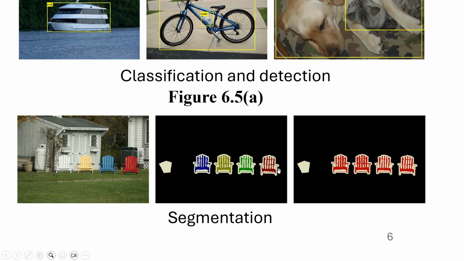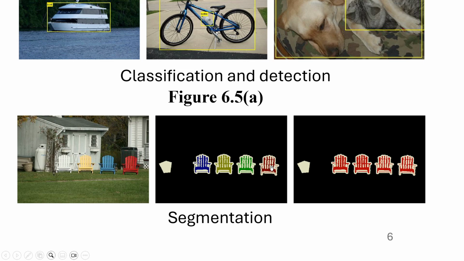And what's the difference between the two images? The one on the left-hand side is instance segmentation. It means the 4 chairs are viewed differently. You can see their colors: blue, yellow, green, and purple.